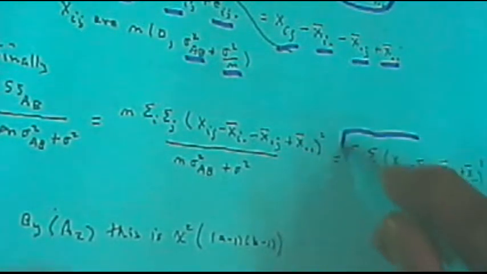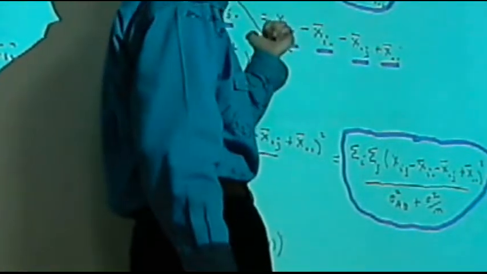And so what I want to do is come right here and say these xij's are distributed like the variables on the other side. We're going to call them A2.